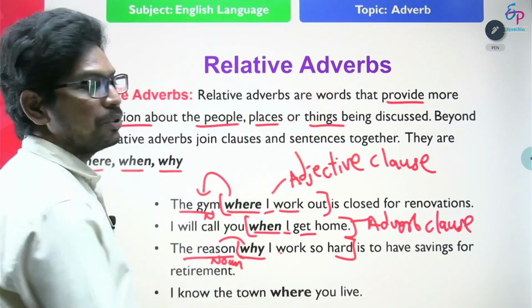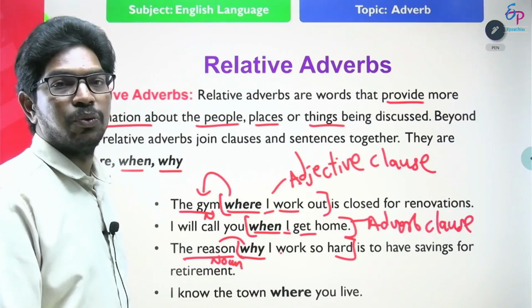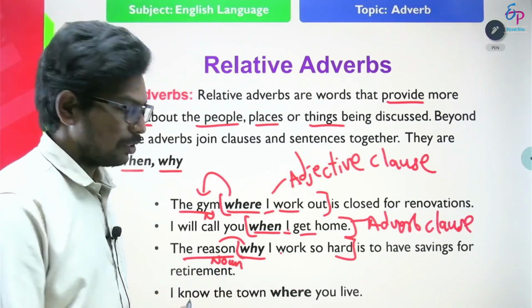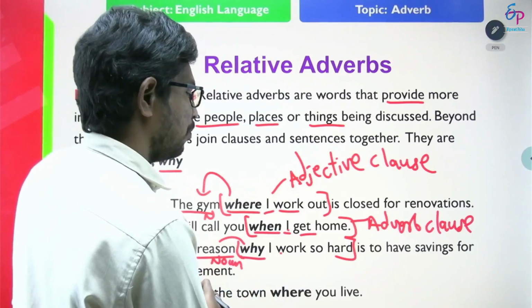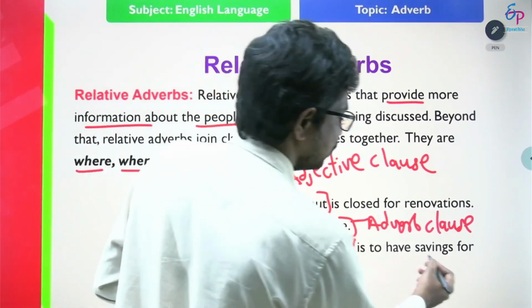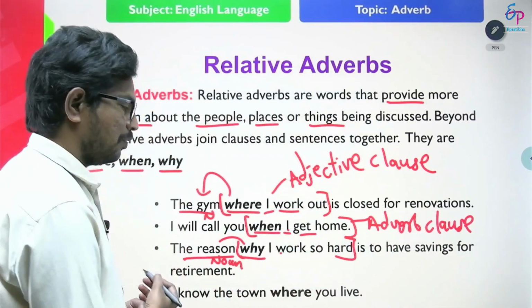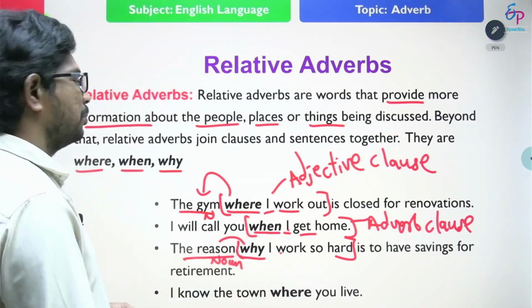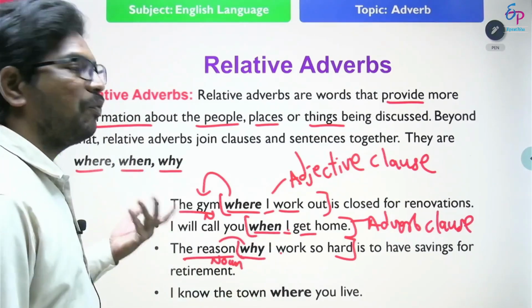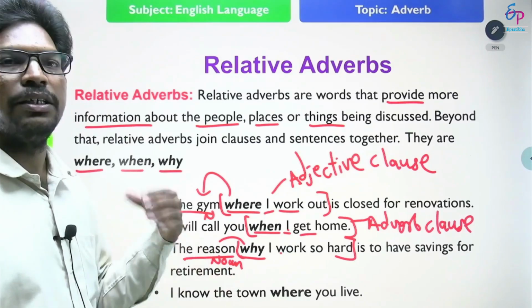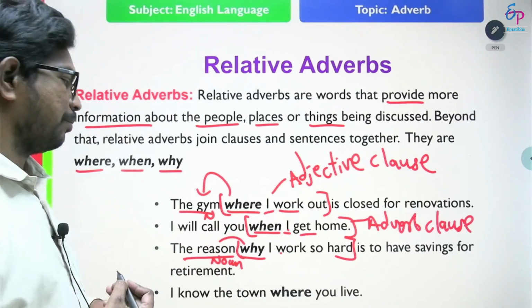So relative adverbs can function as adjective clauses. So what are relative adverbs? They are where, why, when. They denote place, time and reason.